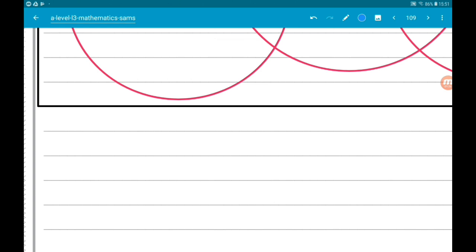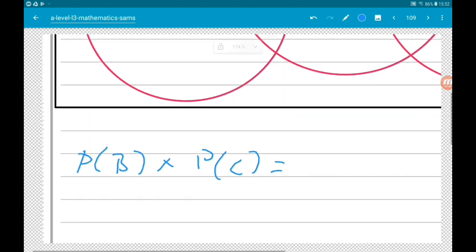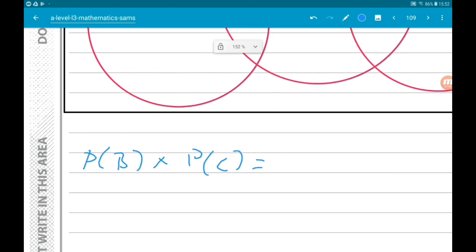Now, because B and C are independent, we know the probability of B times the probability of C is equal to their intersection.